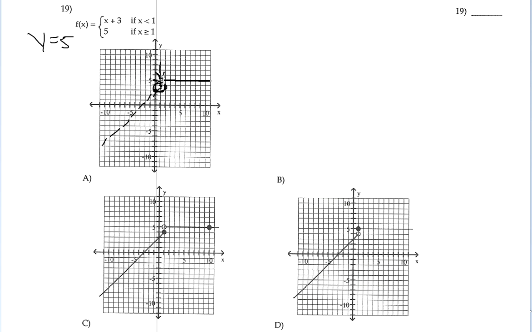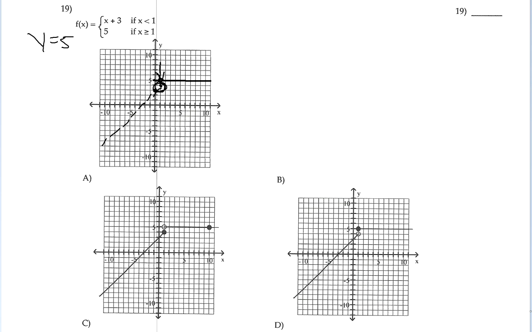I'm going to shrink it back and go to here, where all of x is greater than 1. So at this point here, I'm going to have a closed circle at 1. Draw that a little bigger.